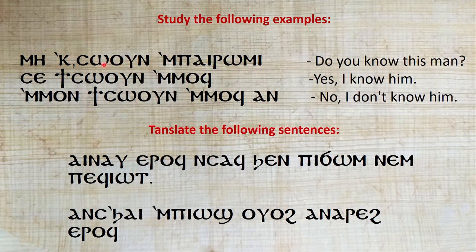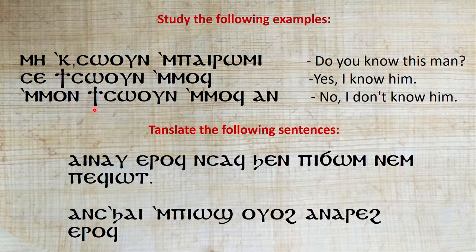And as I said, saun takes an m. Se means yes. Di saun, I know. M of, him. Yes, I know him. Okay. Emmon, di saun em of an. No, let's make a literal translation in the same order as the Coptic to understand it.